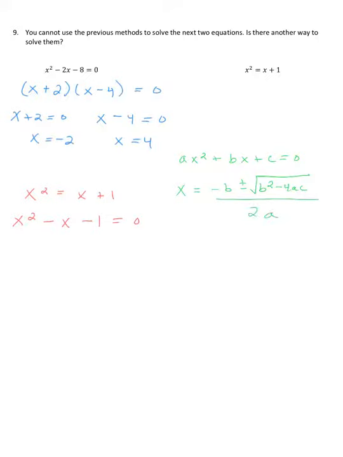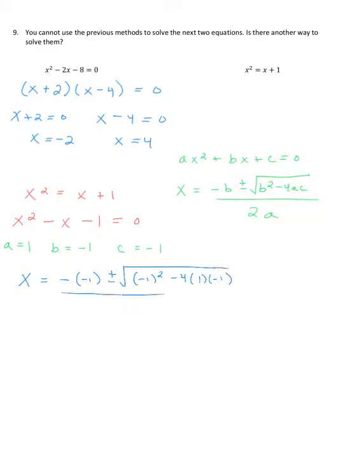So in our equation, a is the number that's in front of the x squared, which is 1. B is the number that's in front of the x, which is negative 1. And c is the number at the very end. You can simply take this information, plug it into this formula, and it'll just give you the answers immediately. So I'm going to try that. The solutions are negative b plus or minus the square root of b squared minus 4 times a times c all over 2 times a.